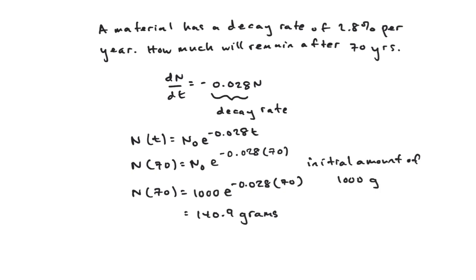So let's say that what we wanted to do is to find the half-life. Then the way we would do this is we would say that N of t is equal to N naught e to the minus 0.028t.